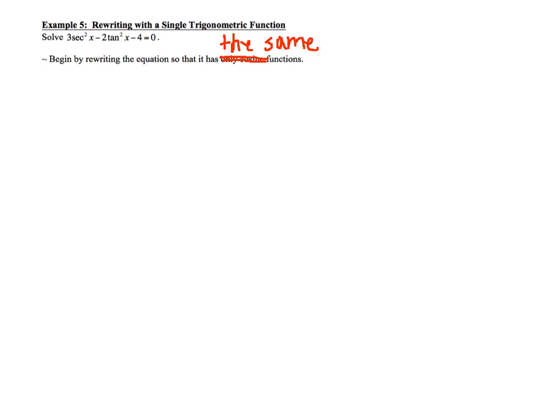So what we're going to do is substitute in for the secant. We're going to take this out, and we're going to substitute that 1 plus tangent squared x. We're going to plug that in for the secant squared x.